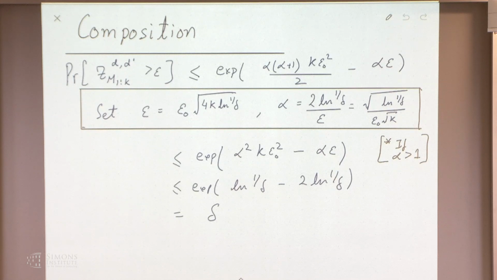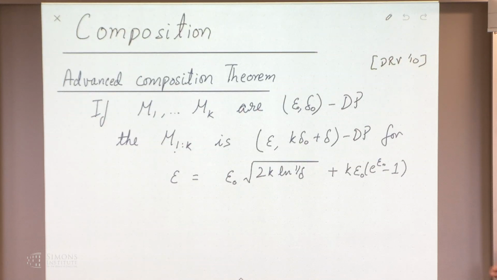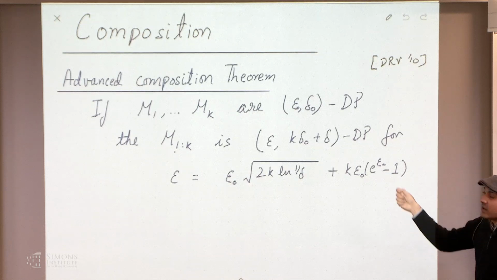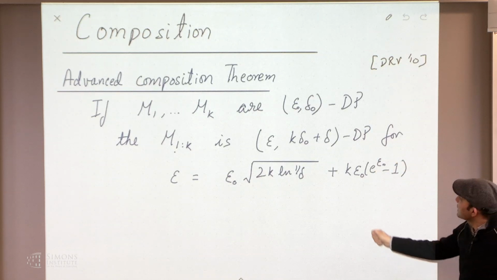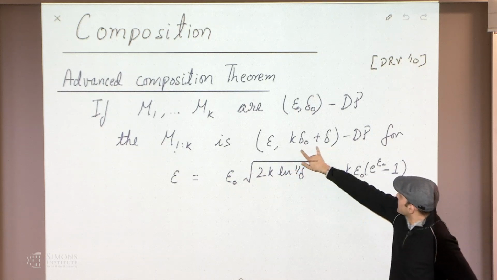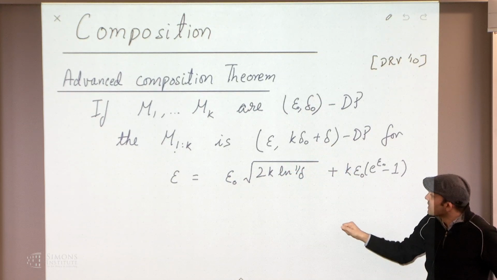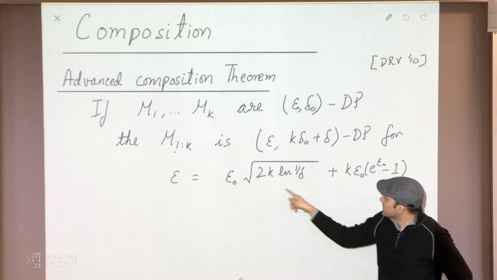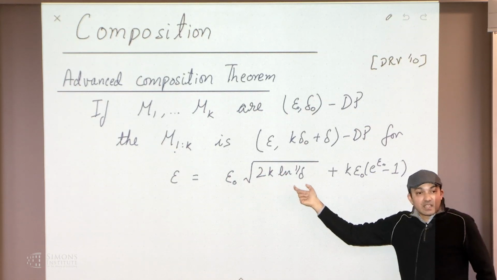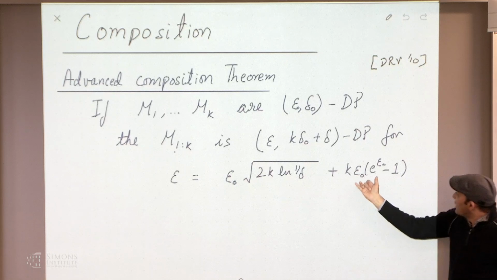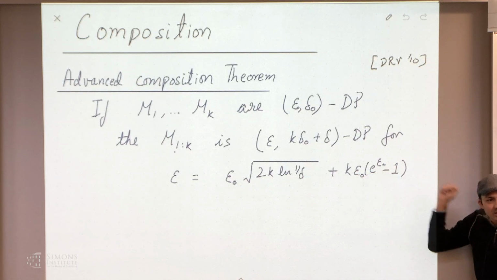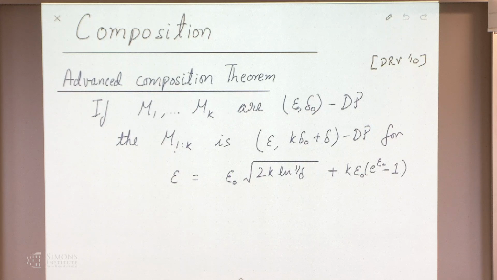And what you would get is a slightly more nuanced statement, which says that the adaptive composition of k differentially private mechanisms satisfies epsilon, k delta differential privacy, where this epsilon is the epsilon times square root of k ln 1 over delta type term that we saw earlier, plus another k times epsilon naught squared. Questions?